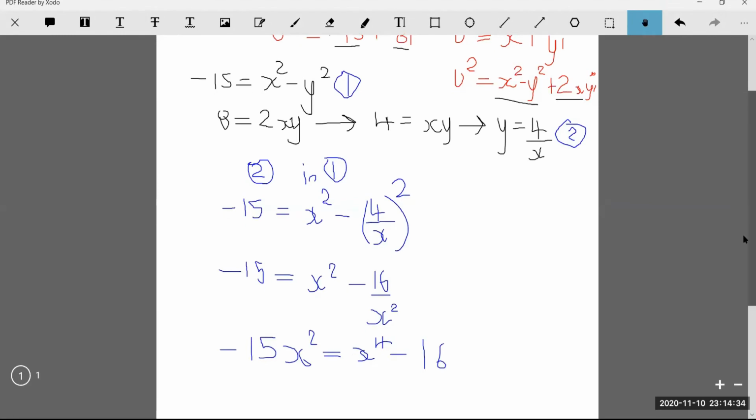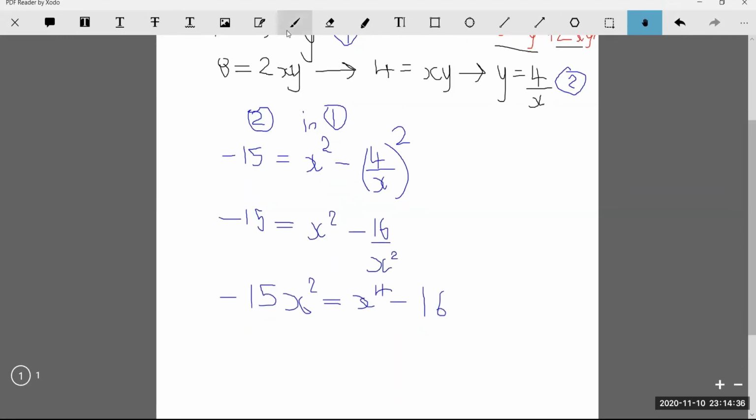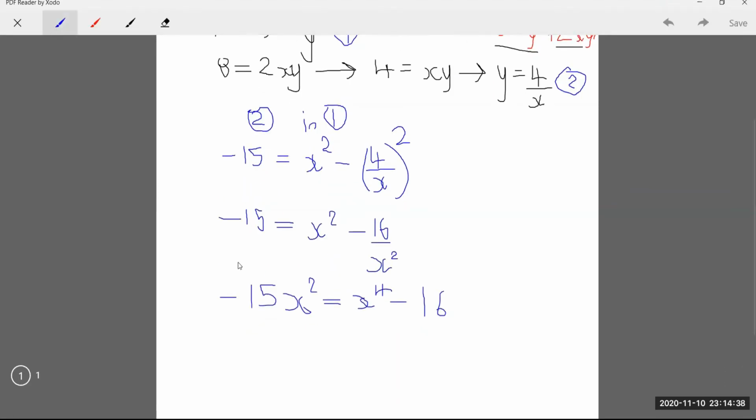So just notice how all of these questions are done the same exact way. So bring over the minus 15x squared, so it becomes x to the 4 plus 15x squared minus 16 equals 0.